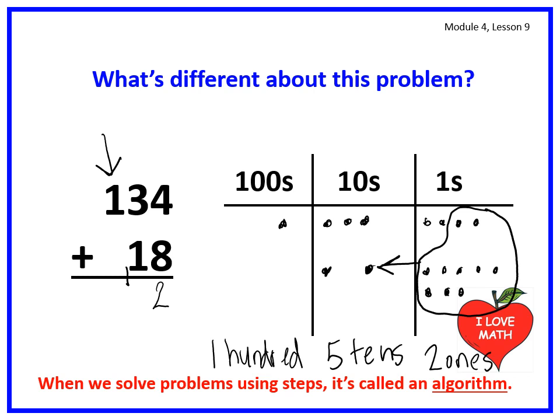And then in the tens, I have 5 tens and then 100. So you can see all of these numbers line up: the ones, the tens, and the hundreds. So again, the steps we're using to solve these is called an algorithm.